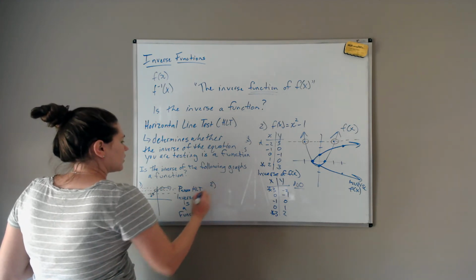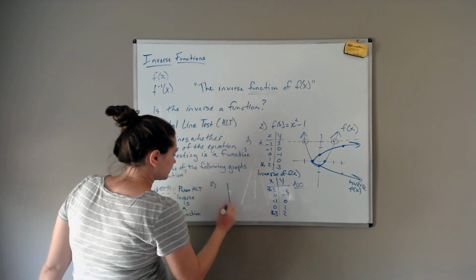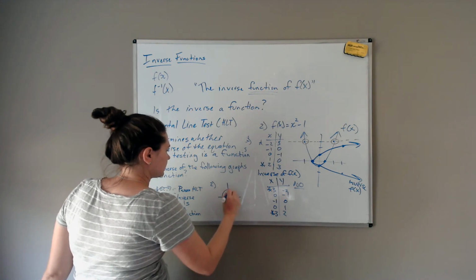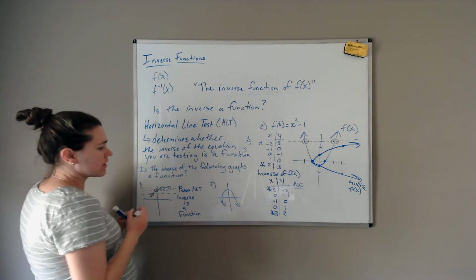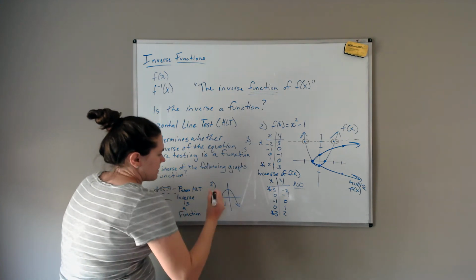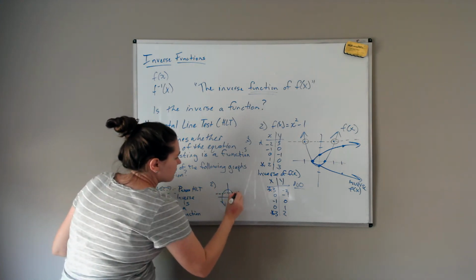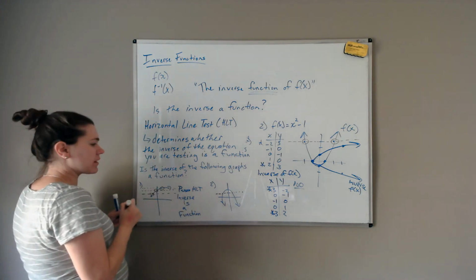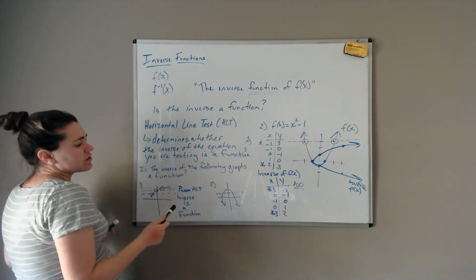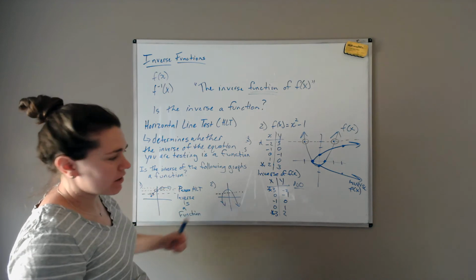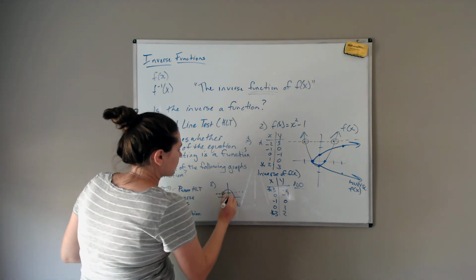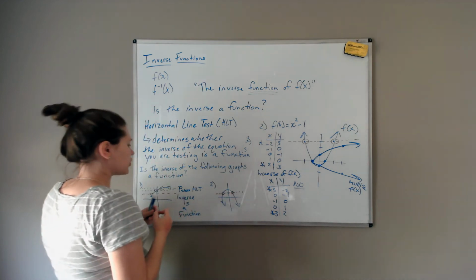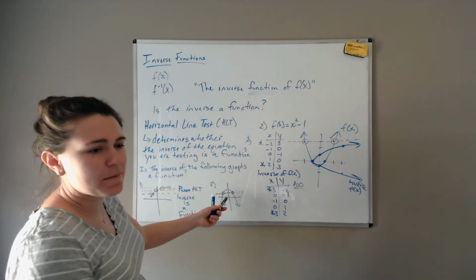Okay? Number 2. Okay, I've got a quadratic facing down. If you want to know if the inverse to this is a function, you apply the horizontal line test. Can you find a horizontal line that would fail? Yeah, this horizontal line right here fails. That graph fails the horizontal line test because there are two different x's that give you the same output.